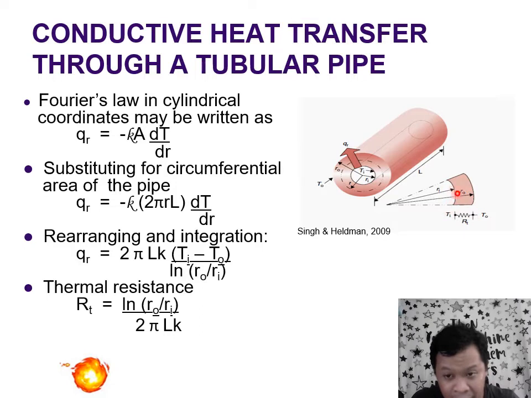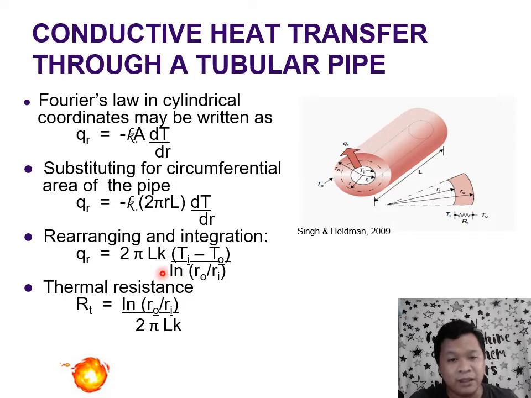So meron kang radius inner, and radius outer, and that pinaka difference nila is the thickness that you will be using. Okay, so we will not go into the derivation of this equation, but that finally works out to be 2 pi L, or the length, kasi yung area is given by the length multiplied by the circumference of your circle.